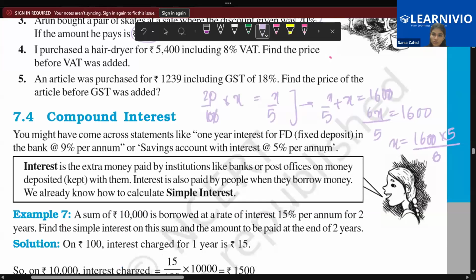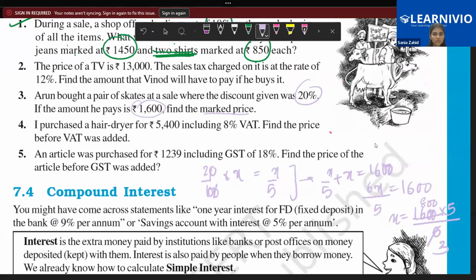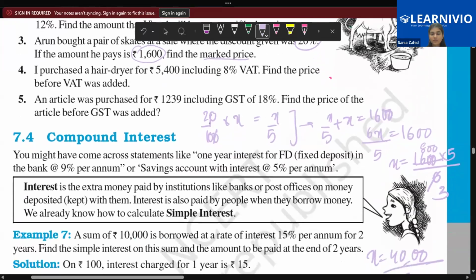Right? So 4,000 by 3. 20%. One second, let me recheck. x by 5 plus x should be equal to 1600.